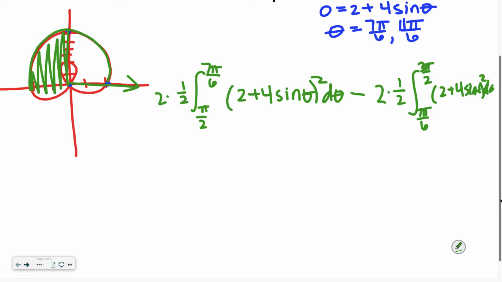What'd you get for your integral? Eight. Chris, do you have any fifth? I have to plug in 7 pi over 6. I think so, but I just need to change one number. Now I got it.